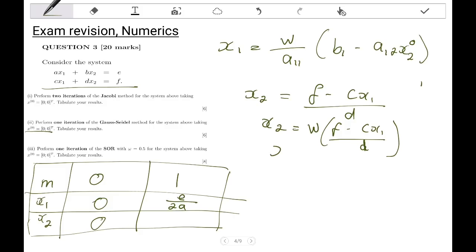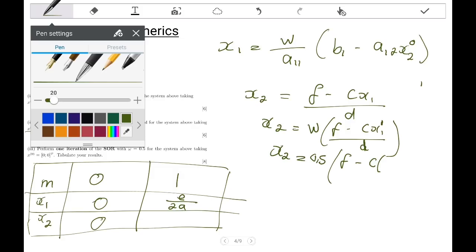So x2 is equal to, this is 0.5, then now f, remember that this x1 is the first iteration, we're using the recent one, so f minus c times what you calculated previously.